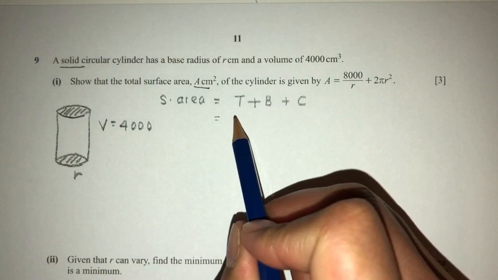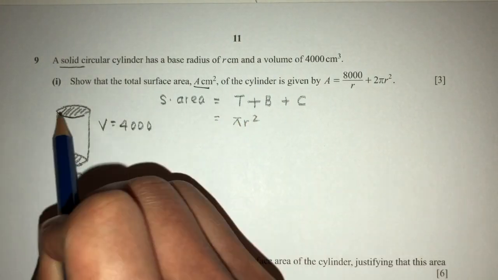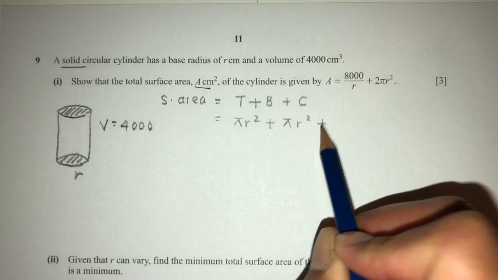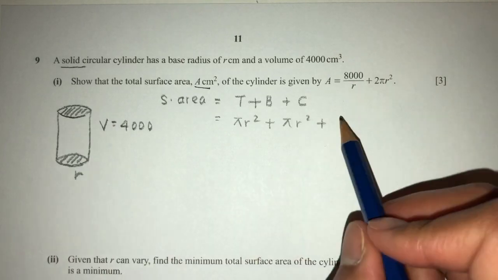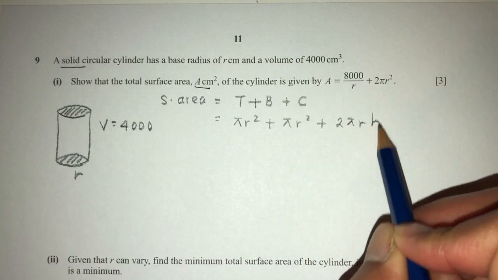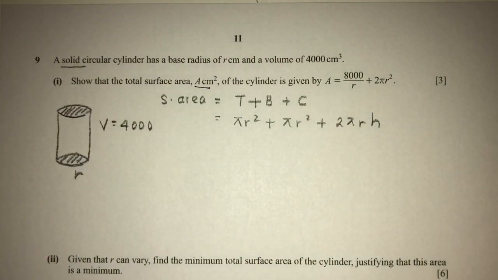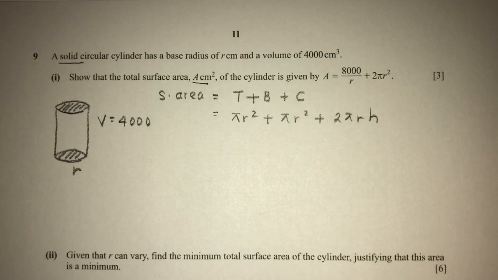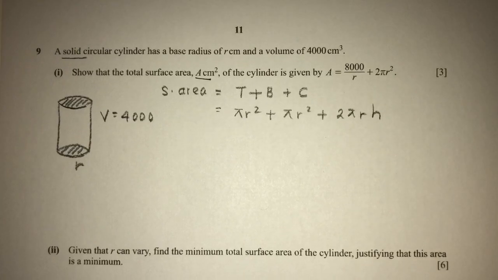Top is pi r square, which is a circle. Bottom is also a circle. And plus the curved surface area is 2 pi r h. These are formulas you have to know by memorization, I would say, because I don't think this is given to you. By practice, you will know this by heart. So no worries. As long as you keep doing those questions, you will know this by heart.